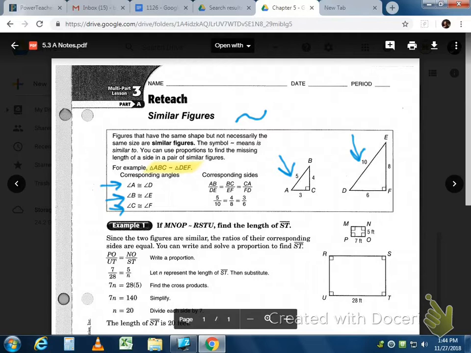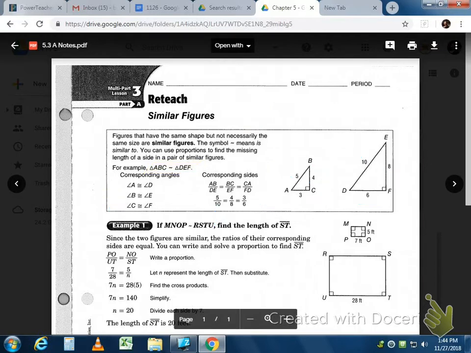AB and DE is in the ratio of 5 to 10. BC and EF are 4 to 8. And the last two, AC and FD, 3 to 6. What are those all reduced to? 1/2. They are all in the same ratio. They are proportional.